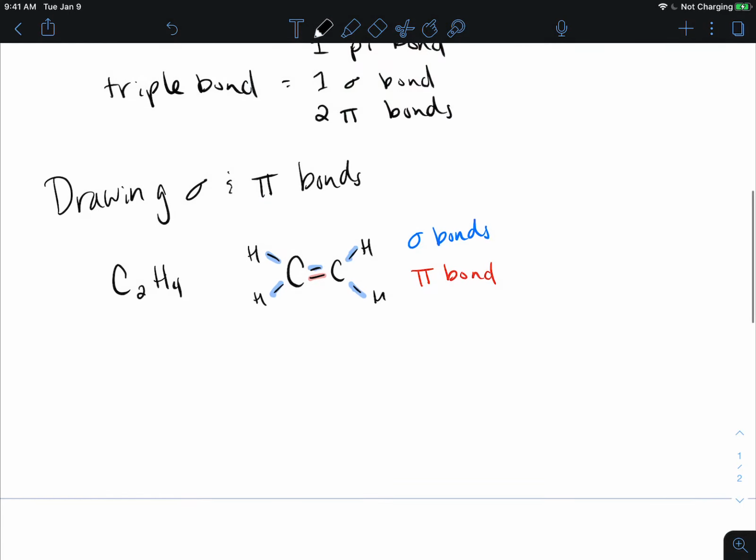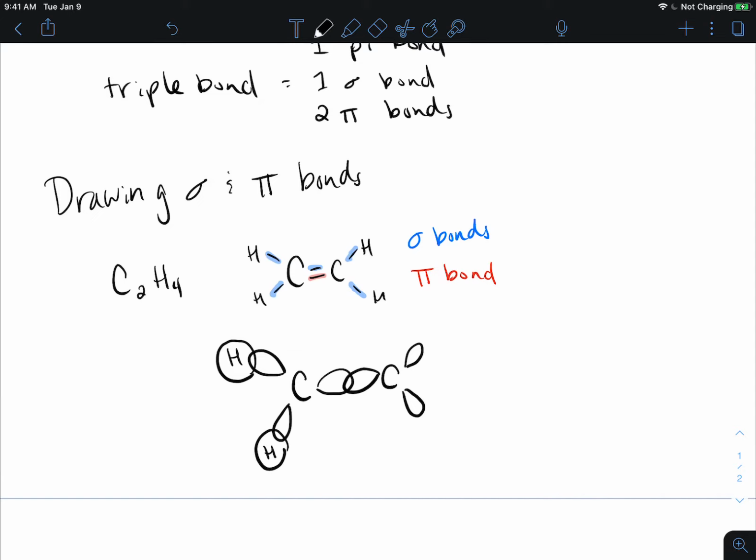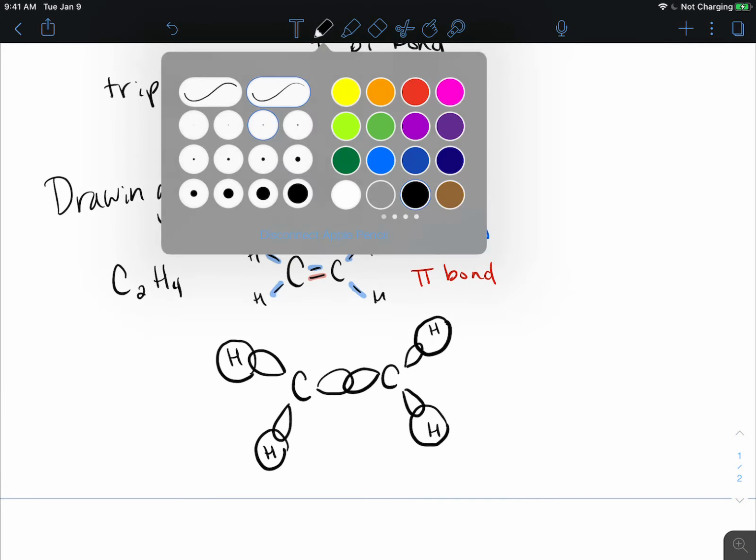When we actually draw this out as orbital overlap, we would have direct overlap between each of our atoms. We have to have that direct overlap to have an actual bond. Like so. And then we have one double bond.